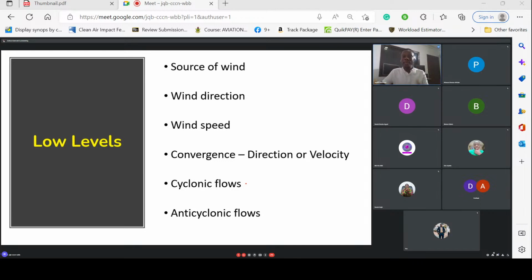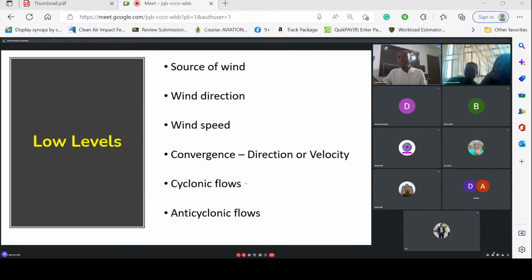And then the speed, like I said, will tell you the amount of those conditions, whether dry or moist, that these winds will carry as they come into your area. And then convergence. So if they are moving in opposite directions and meeting, at that point, if the source of the winds are moist, you would expect some cloud formation and eventual precipitation.